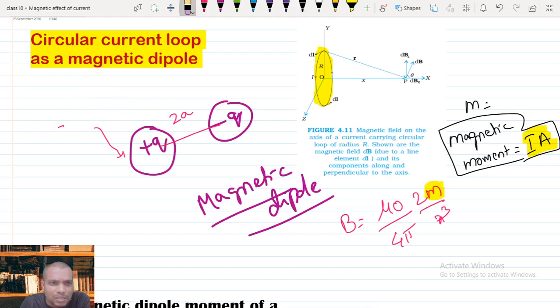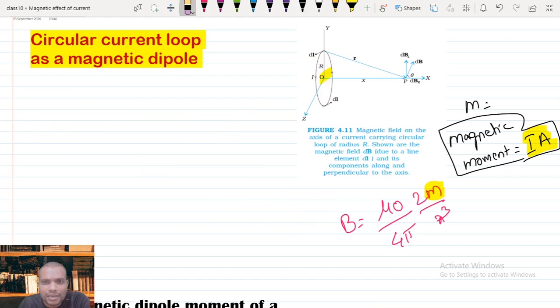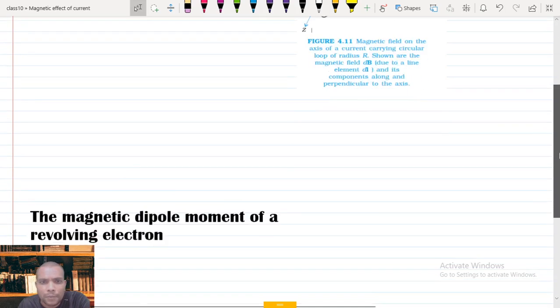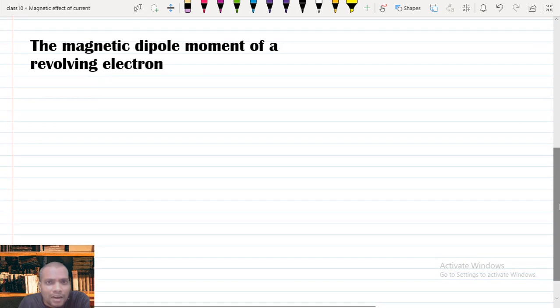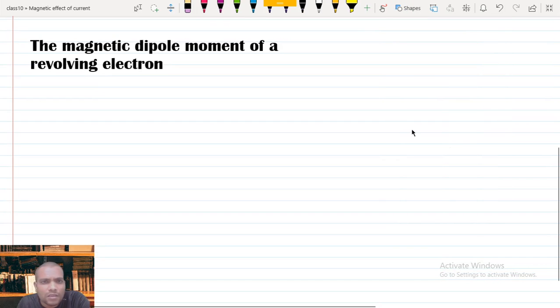Not only this, the existence of a magnetic dipole like this current carrying loop, when we dig into the very elementary level, meaning at particle levels, the revolving electrons and protons do have a magnetic dipole moment, meaning a revolving charge.